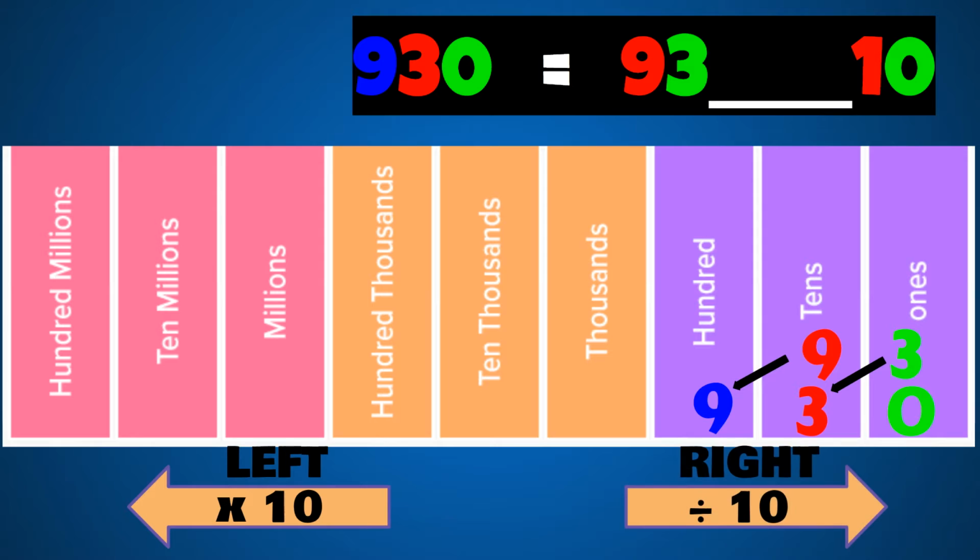And if we're going to the right in the place value chart, we're dividing by 10. So if we look at our 93 versus our 930, our arrow is going to the left. So to make our equation true, it's 930 equals 93 multiplied by 10. So both sides of the equation are correct. They're balanced.